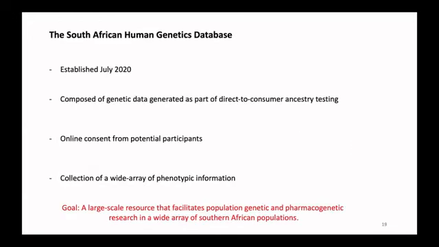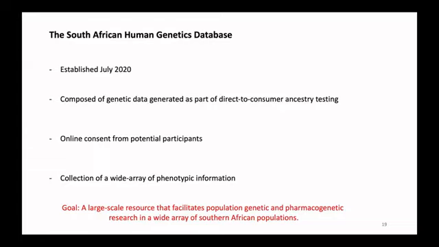One of the ways in which we would like to do that, particularly when it comes to genetic data, is that I've recently established a South African human genetics database, which we just got ethical approval for. It's composed of genetic data generated as part of direct-to-consumer ancestry testing in South Africa, which is starting to boom. Online consent will be requested from potential participants via REDCap, in addition to the collection of incredibly dense phenotypic information.